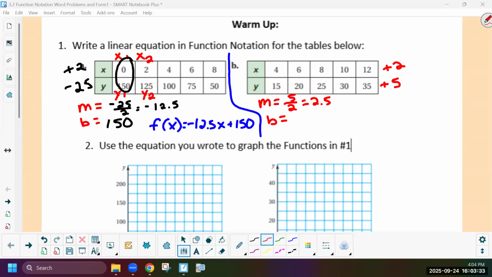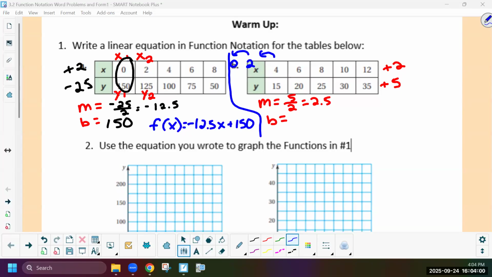Now the y-intercept is a little bit different because if you notice, we don't have a 0 in the x row. So what we can do is we can kind of work backwards. So if I start at 4, and if I'm moving to the right, I'm adding 2. That means if I move to the left, I have to subtract 2. So that would take me back to 2. And if I take away 2 more, I get 0.